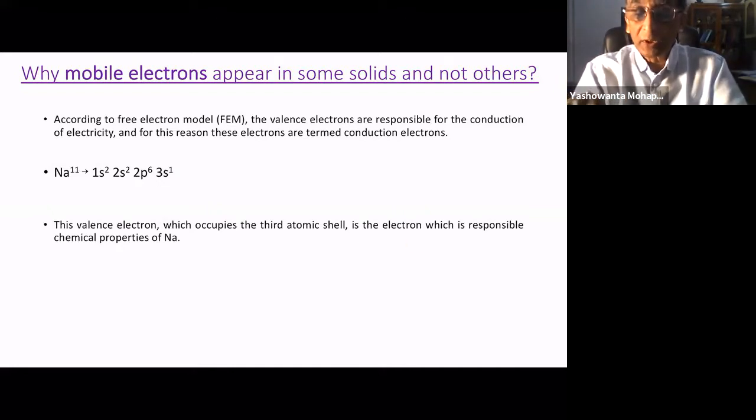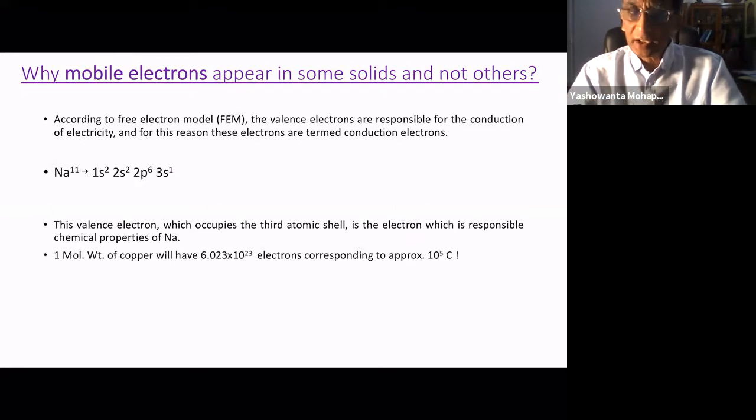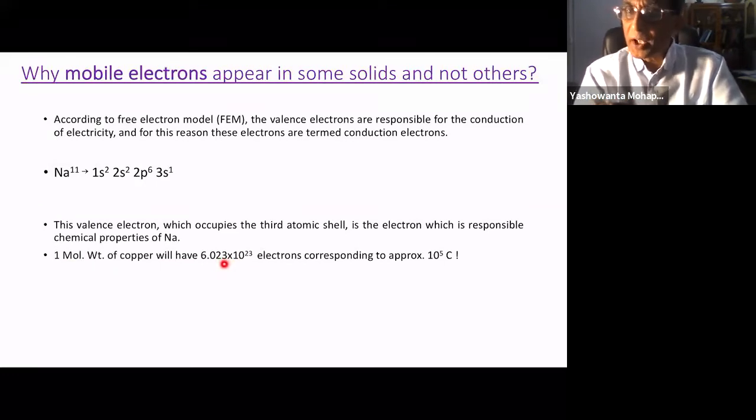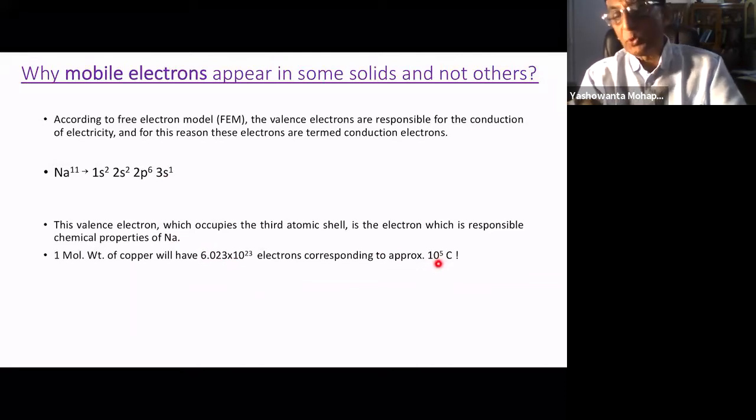We know that. So how many such electrons are there in, let's say, copper? Copper's molecular weight is 63.5 grams, and so one molecular weight of copper will have Avogadro's number of electrons, because each copper atom would have given one valence electron. Approximately, in 63.5 grams of copper, how much charge? 10 to the power 5 coulombs.